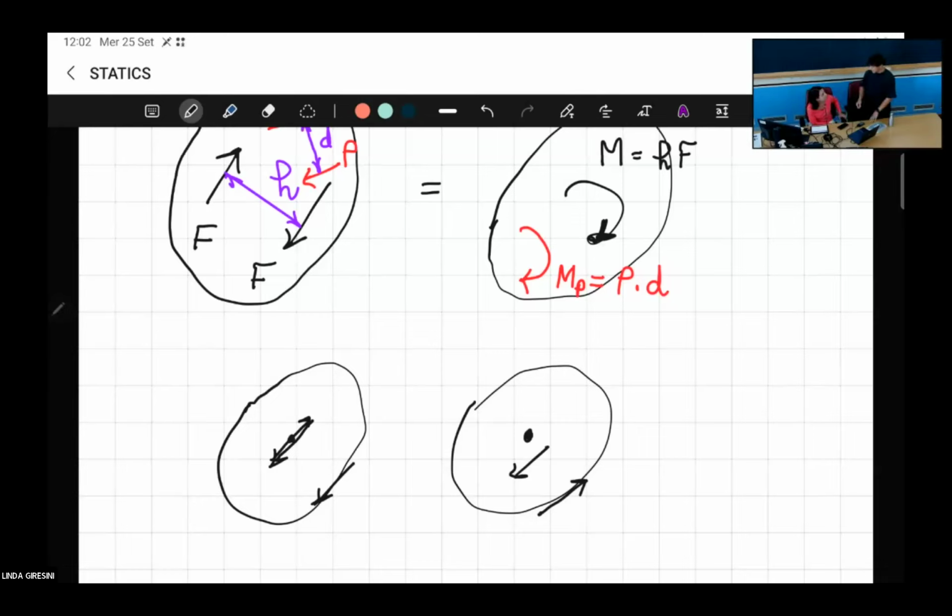But the calculation method is the same or not? Is anything changing? It depends on h and F. It can be even very small, but there is a rotational effect always. And it's the same for this one, yes, if the body is rigid.